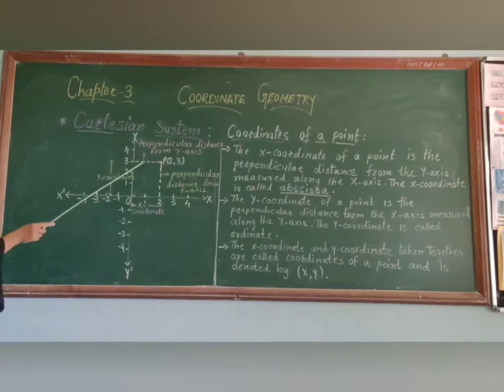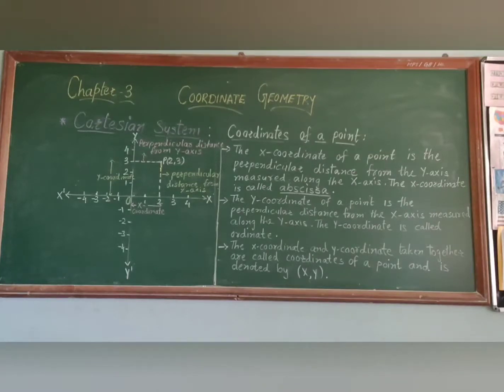You can see this is perpendicular, so we take this distance, from 0 to 2. So we write the value of the x coordinate as 2. The x coordinate is also called the abscissa.